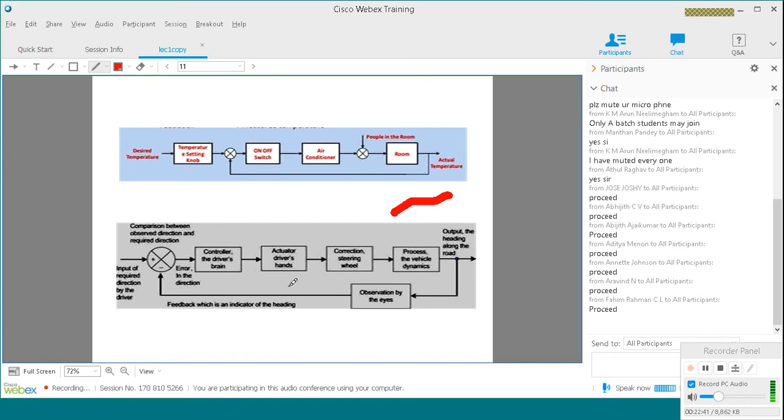The sensor in this case is the observation by the eyes of the driver, and the controller is the brain. It is taking the decision, yes, I am traveling in the right direction, the right path. If I am deviating from the path, then I will steer the vehicle. The actuator in this case is the driver's hand, and the correcting element is the steering wheel. Finally, if you do the steering properly, then the vehicle will take the path which it is intended to take.